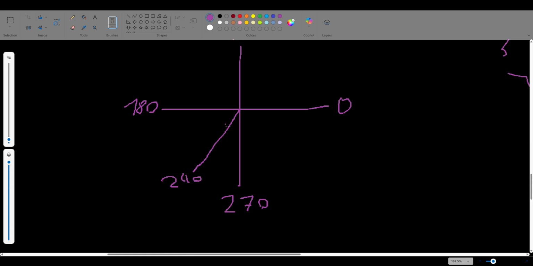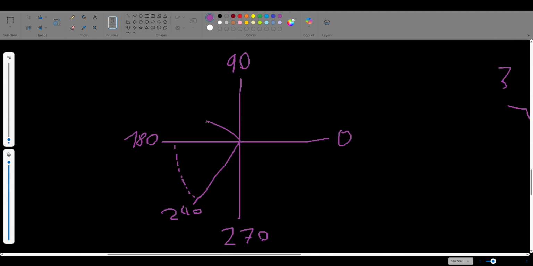So very important. When you are taking the cosine or sine of these angles, you want to measure the distance, in degrees or radians, depends on you, from this number to the x-axis, right? So if we had some number here, we would measure the distance to the x-axis.